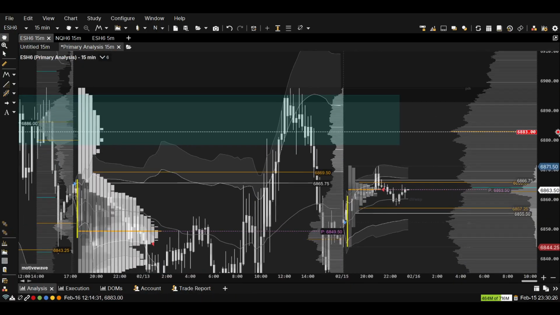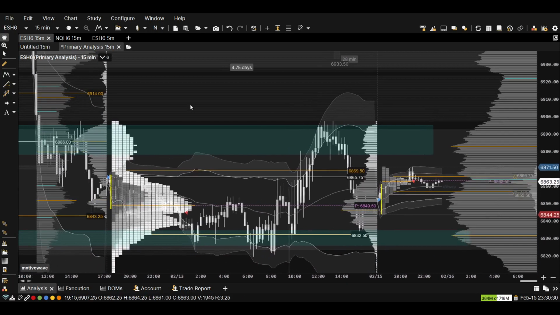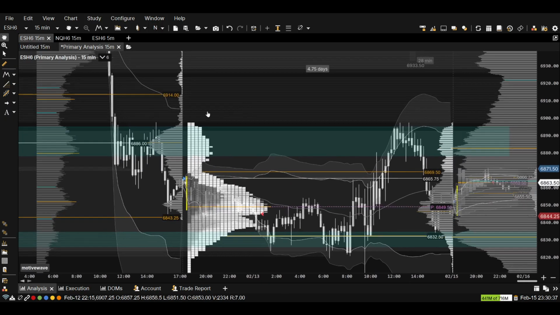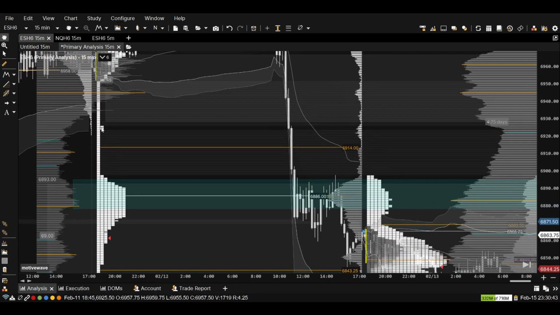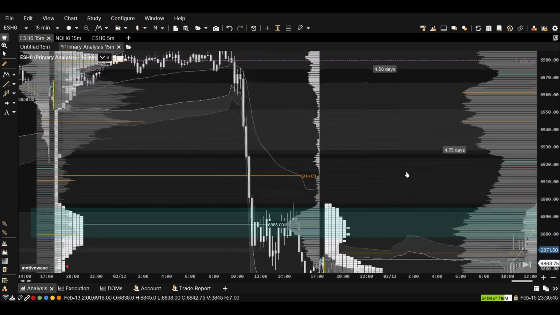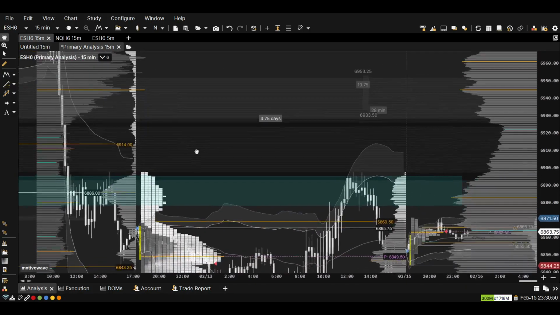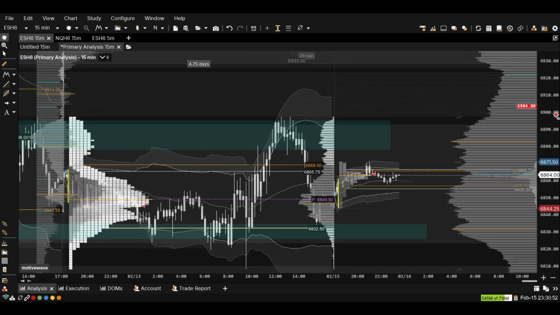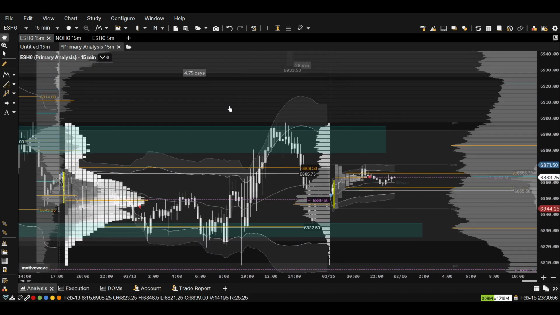At what level? At the edge of a high volume node. And another high here, and single print.